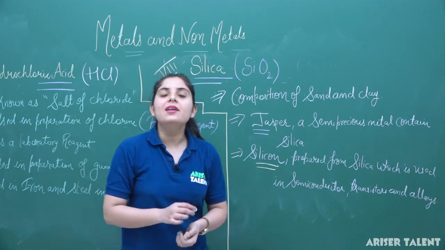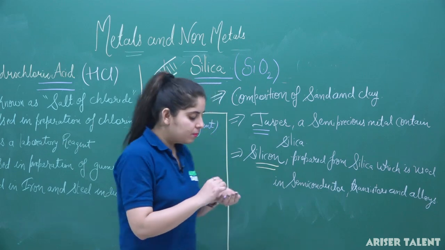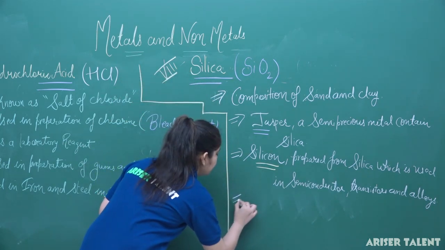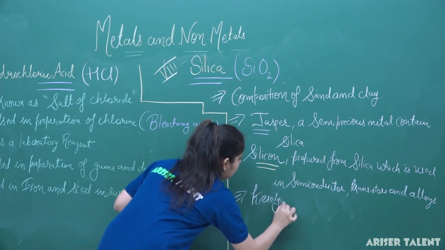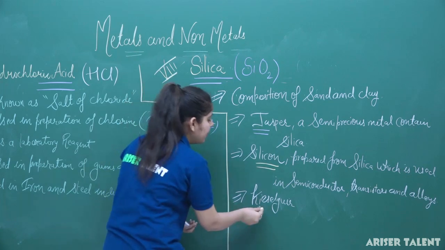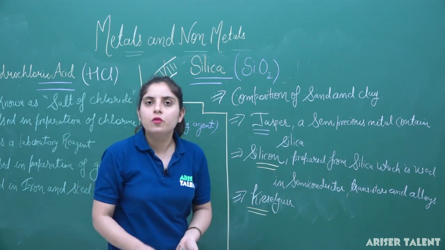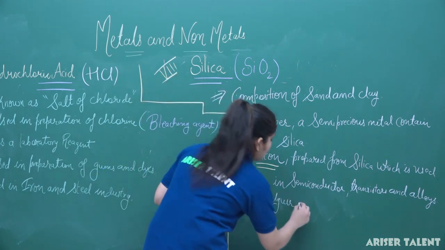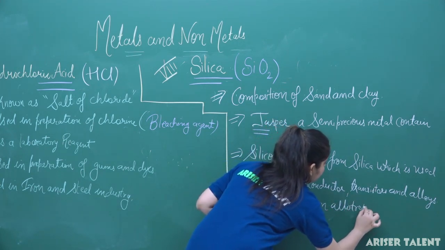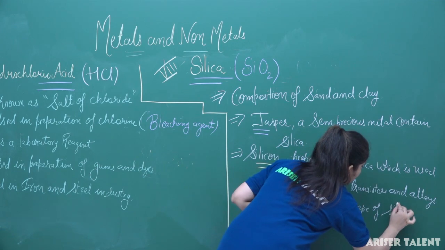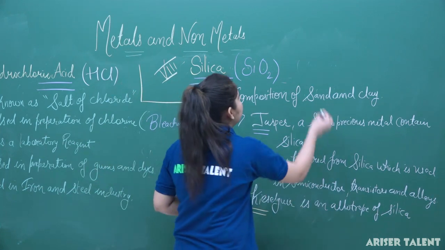Now Kieselguhr is an important constituent of silica which is used for manufacturing of dynamite. So our next use is Kieselguhr. As you have to remember it by the name, Kieselguhr is somewhat an allotrope of silica which is used for the manufacturing of dynamite.